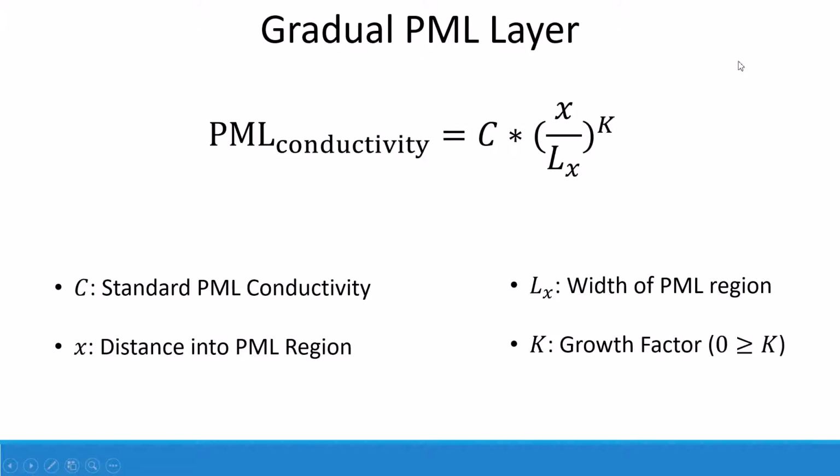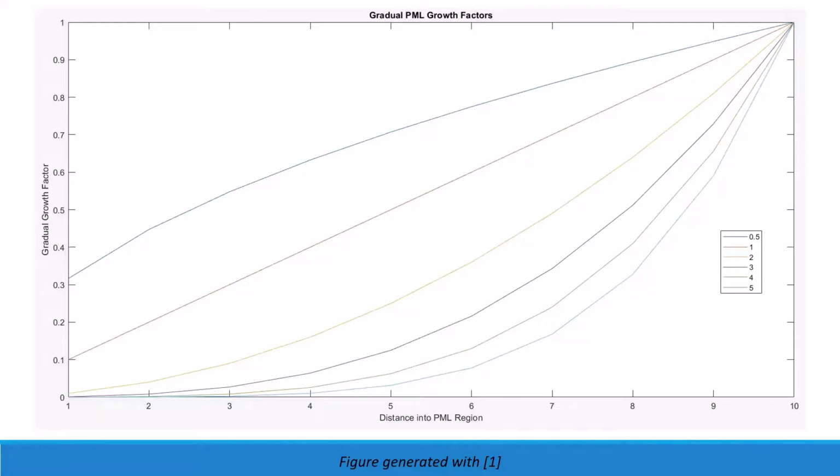So to give a couple examples, we have a plot here showing how this function progresses across the PML region. And the factor, as you can see, goes from 0 to 1. So for high growth factors, we can see 5 here, it is a very gradual increase, almost nothing initially, and then a steeper increase at the end.